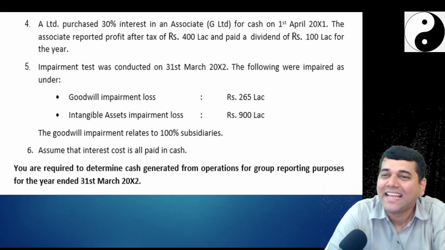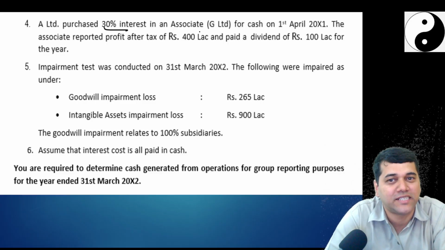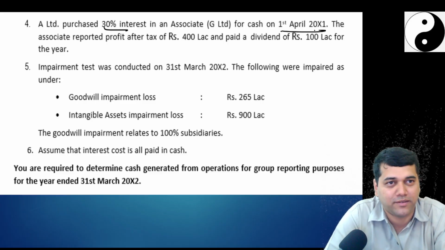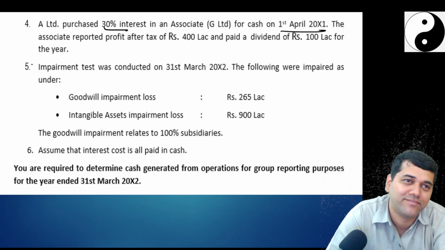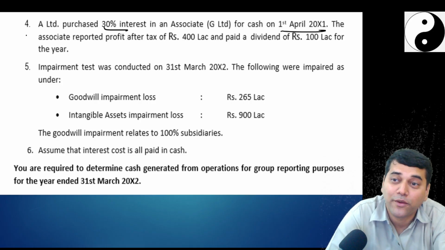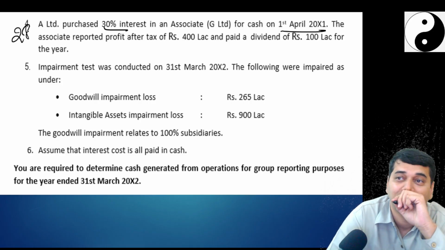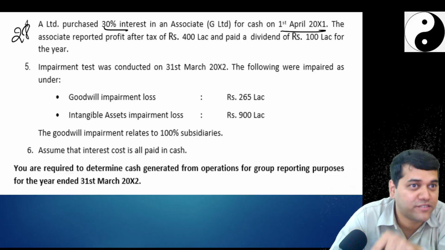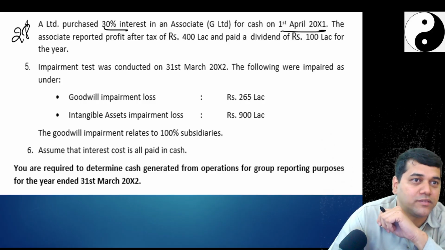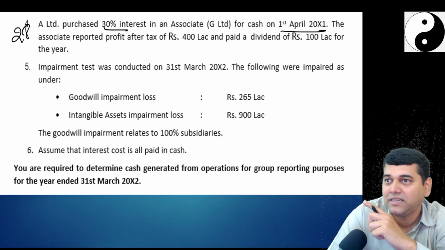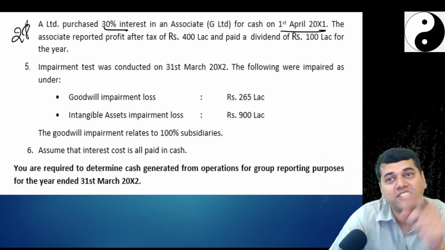Okay. A Limited purchased 30% interest in the associate on 1st April. We are into CFS now. We are not preparing cash flow statement on a standalone basis. That's why you see in the balance sheet, investment in associate as per Ind AS 28.